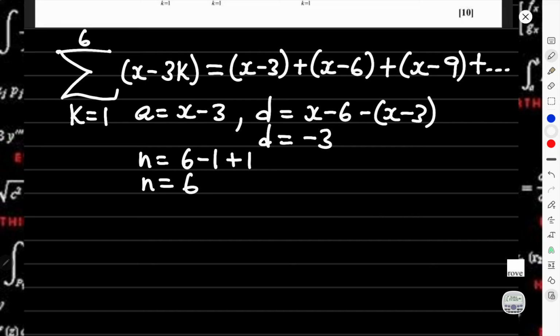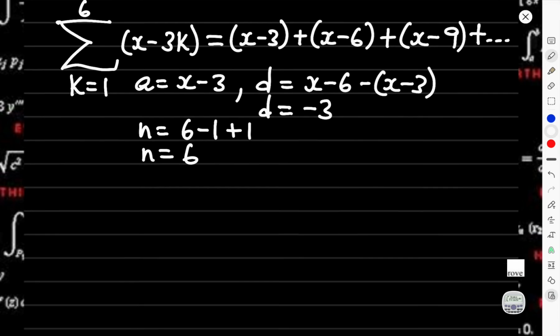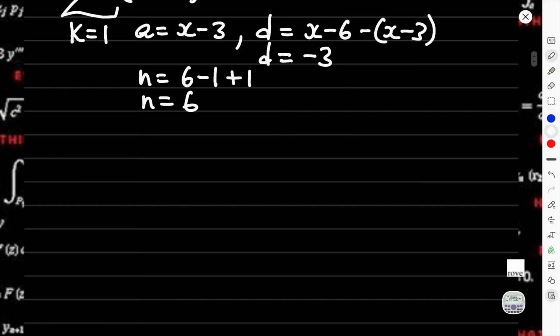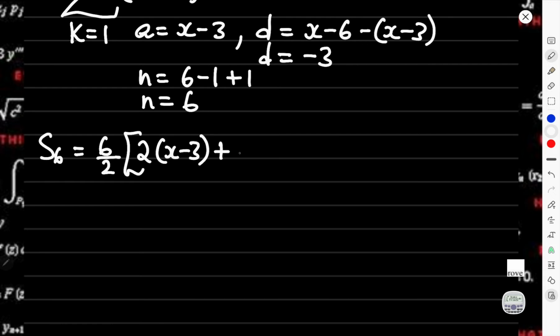So we can say S6 will be 6 over 2 into 2 of a, which is x minus 3, plus 5 of d, which is negative 3.